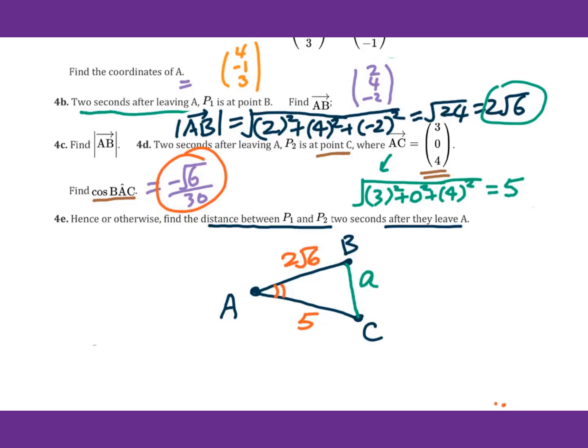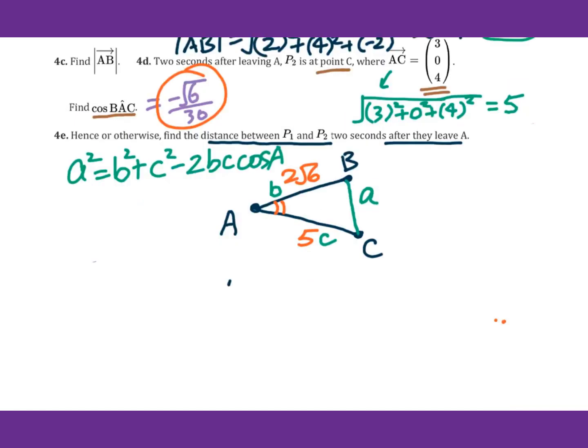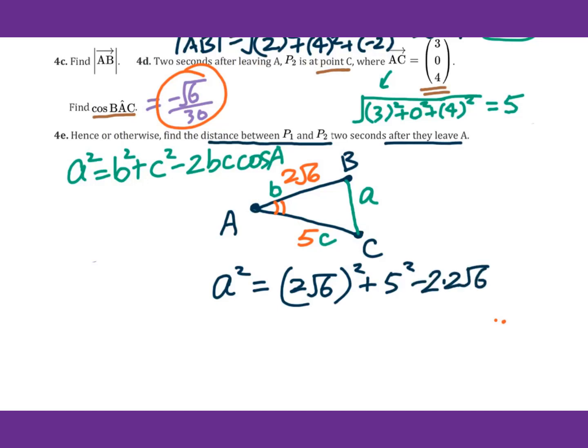We have the included angle, this A, so we have to use the cosine law. A squared equals B squared plus C squared minus 2BC cosine A. This is B, this is C. Therefore, we plug in: a squared equals 2 square root of 6 squared plus 5 squared minus 2 times 2 square root of 6 times 5 cosine A. So we plug in.